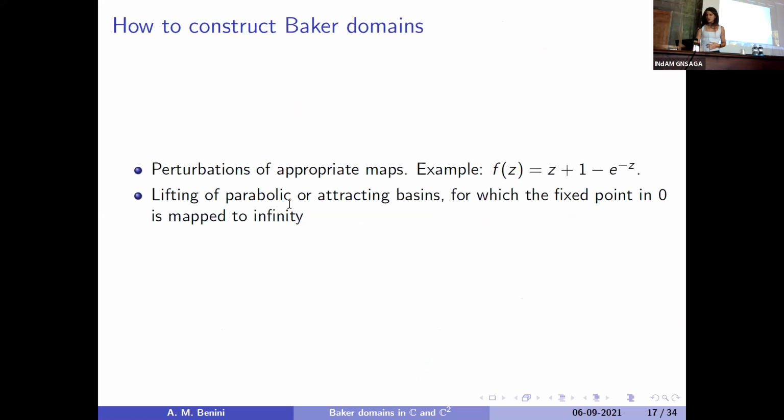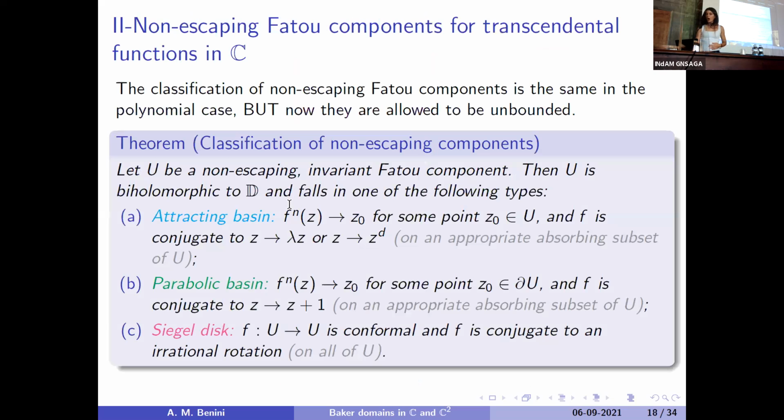The classification of non-escaping invariant Fatou components for transcendental maps is exactly the same as it was for polynomials. So the new entry, when you look at transcendental maps and invariant escaping Fatou components, are these Baker domains. These are exactly the same theorems we had before, just translated for transcendental maps.